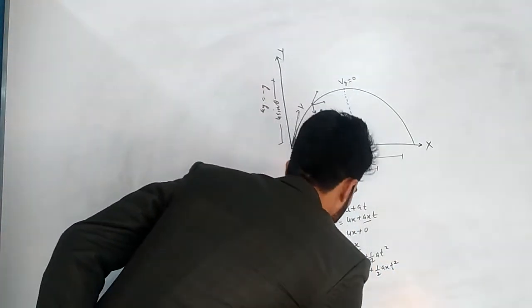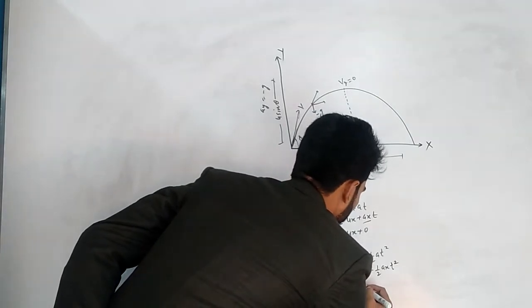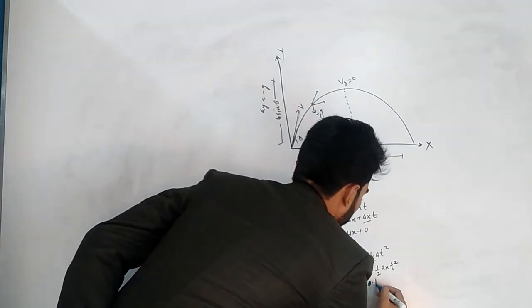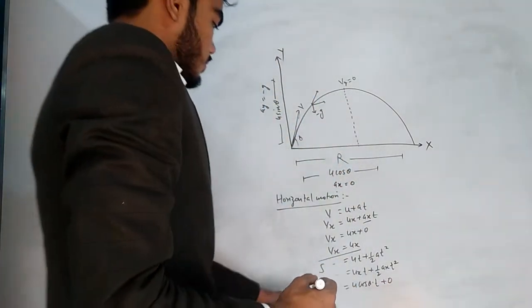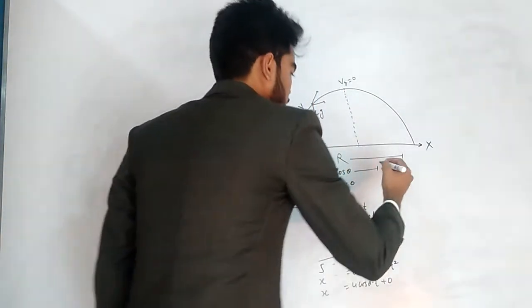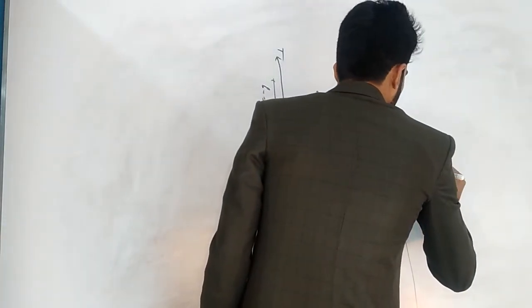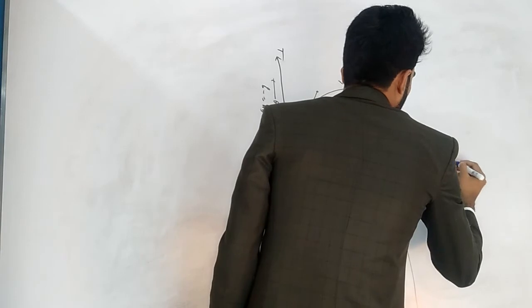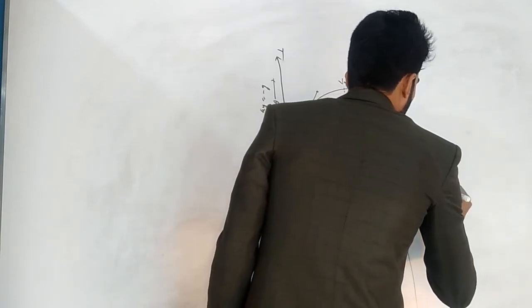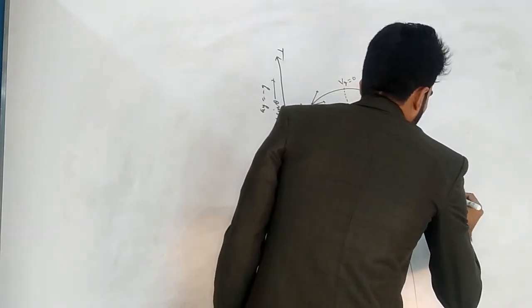So x is equal to u cos theta into t plus 0. So x is equal to u cos theta into t, or t is equal to x upon u cos theta.